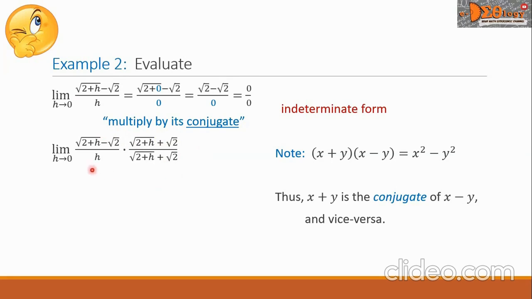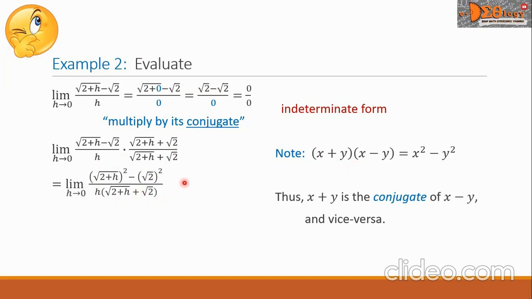Getting the product of the two functions, we have the limit of the square root of 2 plus h, and this quantity is squared, minus the square root of 2, and this is also squared. We follow our special product formula. All over, we put together the h and the other factor, the square root of 2 plus h plus the square root of 2.